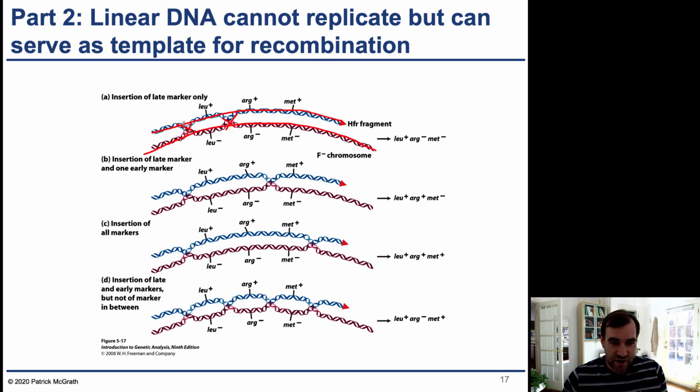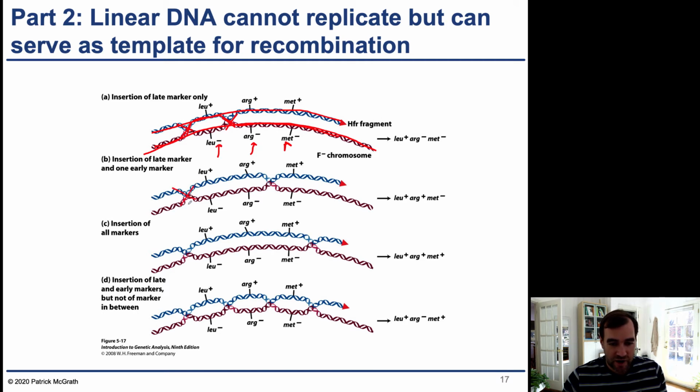But if this linear piece of DNA is transferred and the recombinants occur here, then you're able to exchange this part of the DNA. So you'll end up with Leu plus Arg minus Met minus. These genes will remain the same, but this gene will be exchanged.